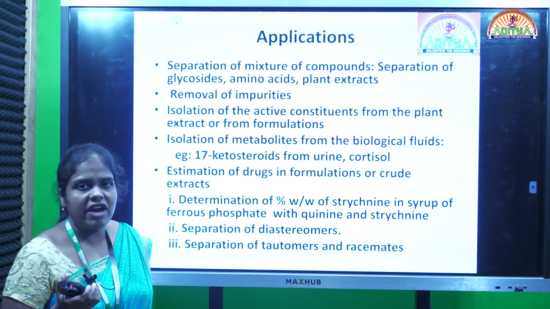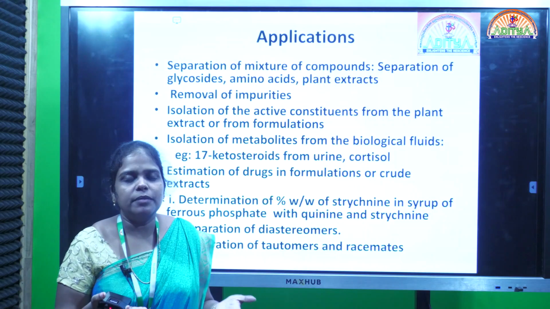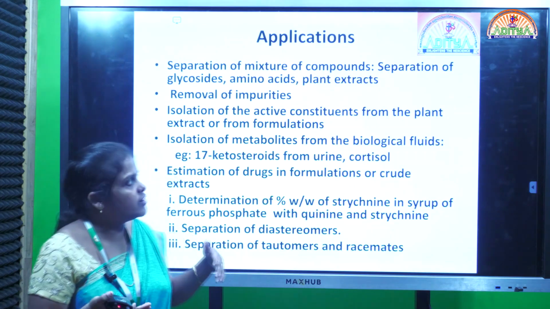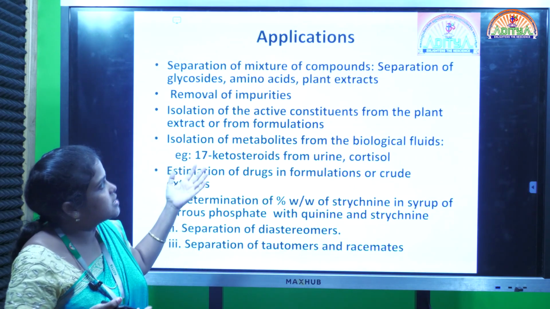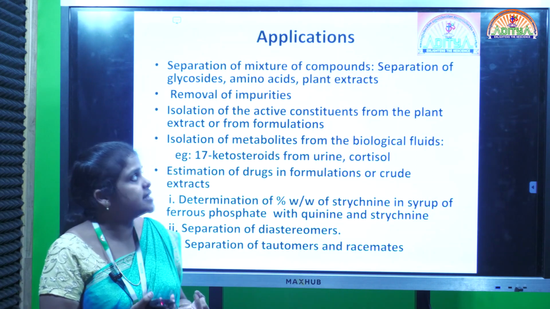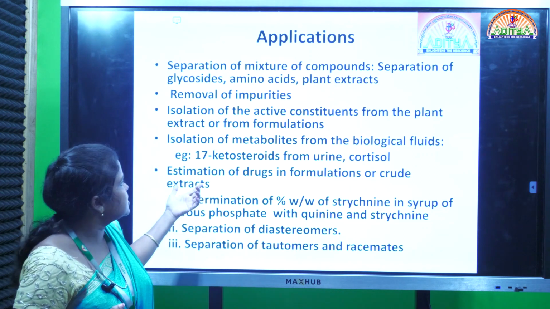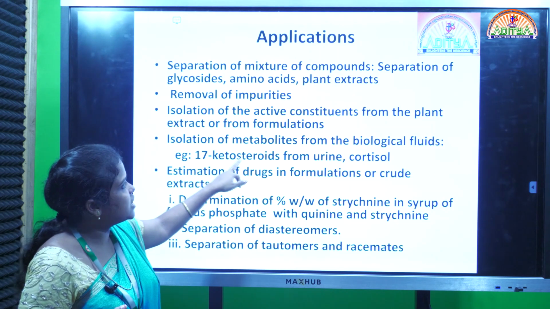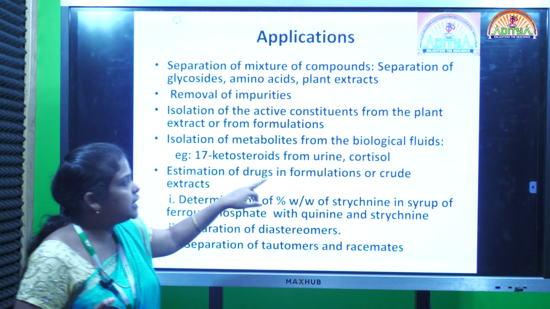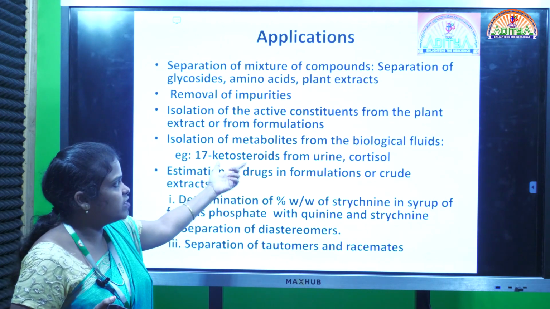So finally you have seen all those things. This column adsorption chromatography you can use for so many separations, like separation of glycosides, amino acids, proteins, plant extracts, and also separation of impurities. The best example is that it can be used for separation of metabolites. For example, in urine, what steroids are present?